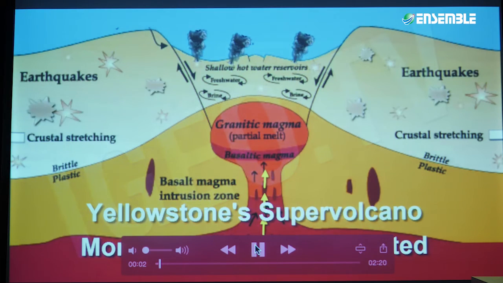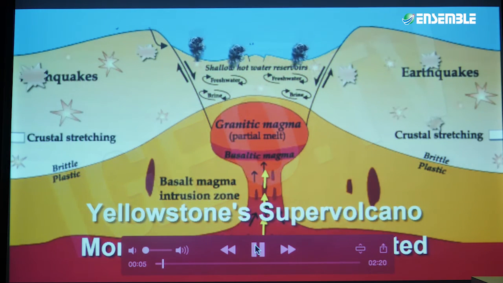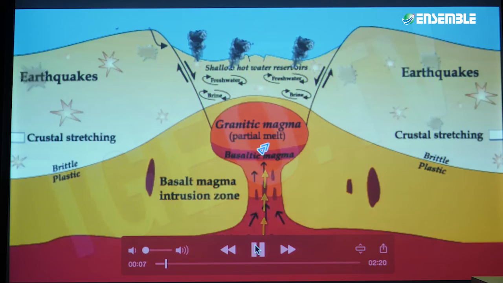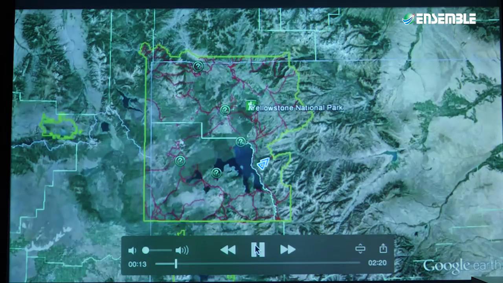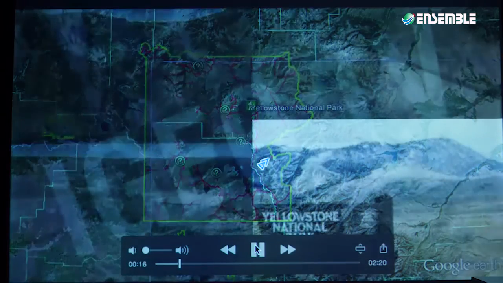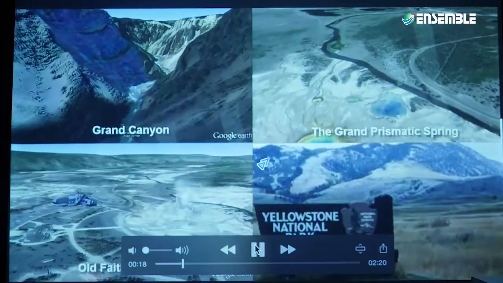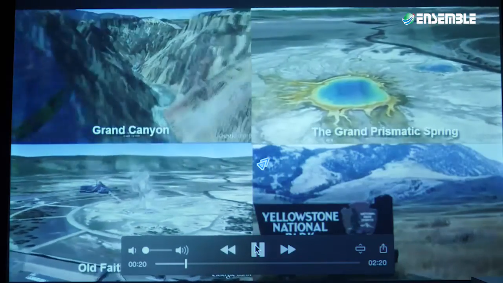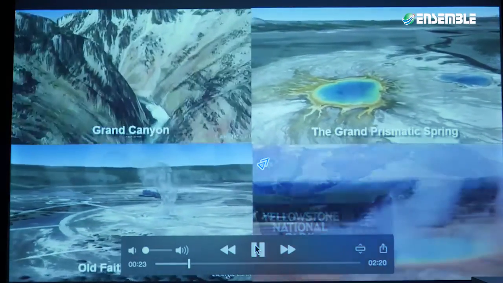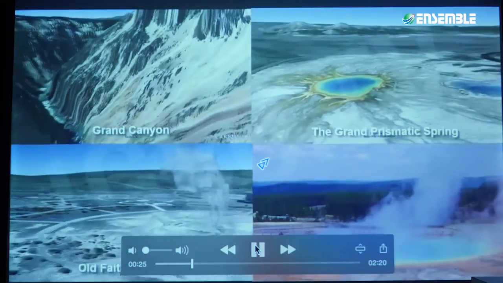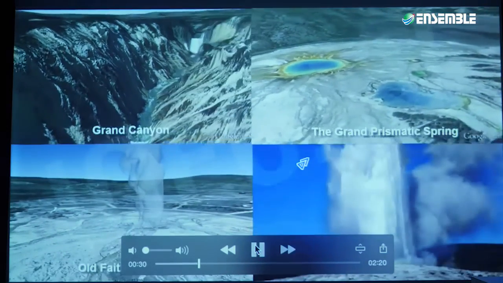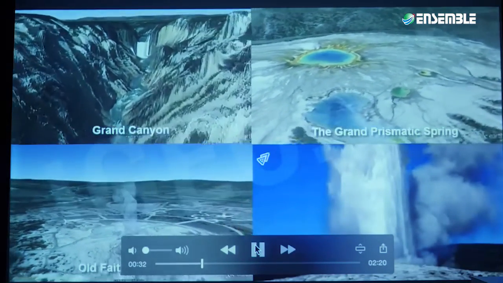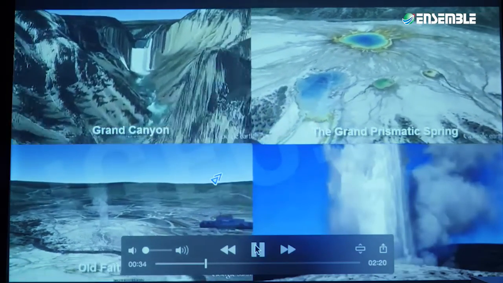Well, this is an example of what is happening beneath Yellowstone National Park. And as you can find, that's the place from where volcanic activity is taking place. These are all Yellowstone National Park regions, and these are some of the manifestations of such eruptions that have taken place: formation of a Grand Canyon, the Grand Prismatic Spring in the region, and then the geysers that follow soon thereafter.